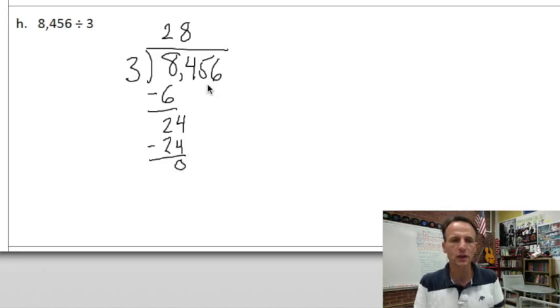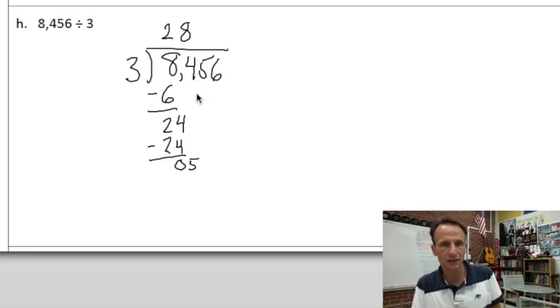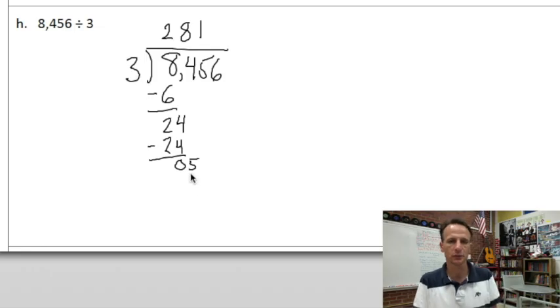Subtract, we're left with no hundreds, but we do still have tens to divide, 5 tens to be exact. And how many 3's in 5? Yes, there is 1 3 in 5 because 1 times 3 is 3, which when we subtract, we are left with 2 tens, but we still have 6 ones to divide.